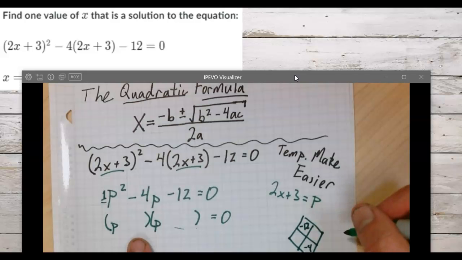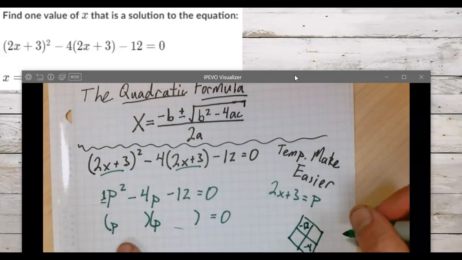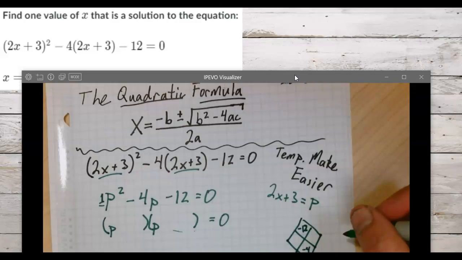Katie Ann? I think how I did it is I did P minus 4 times P. Okay, keep going because I'm curious. And that would equal 12 if you bring the negative 12 over. Do you mean P squared minus 4P?